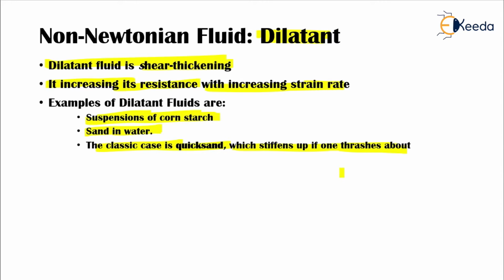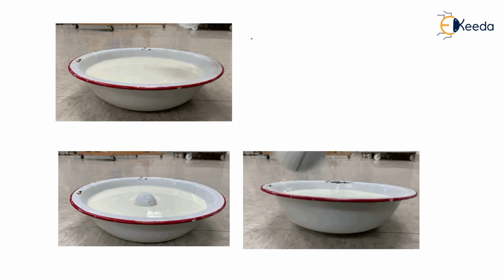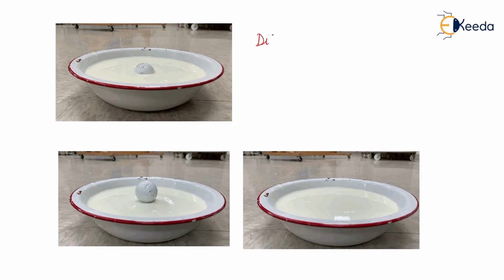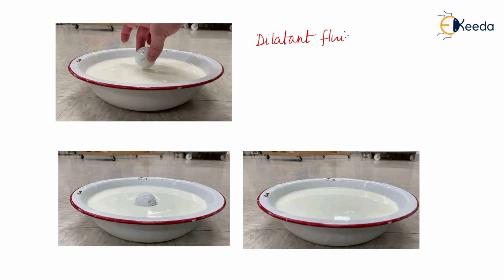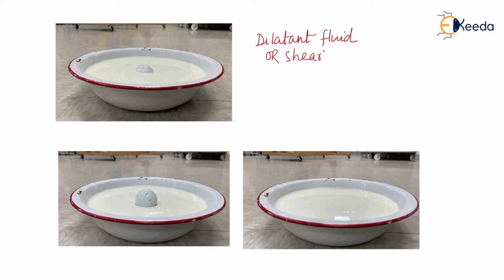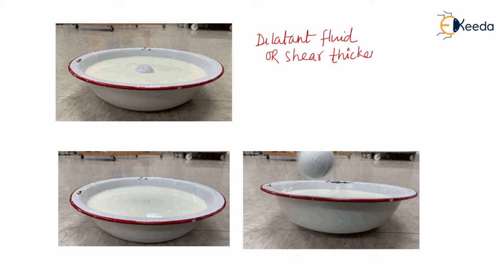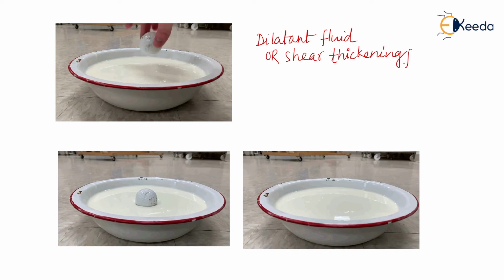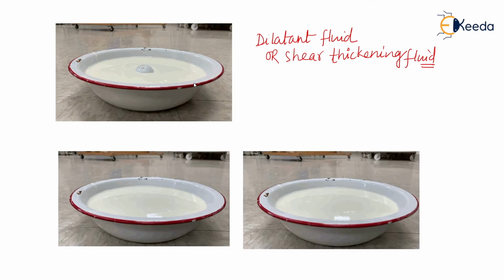Now, I will show you this dilatant fluid with the help of one example. So we will take this example of dilatant fluid, which are also known as shear thickening fluid. Now we will try to understand why they are called shear thickening fluid.